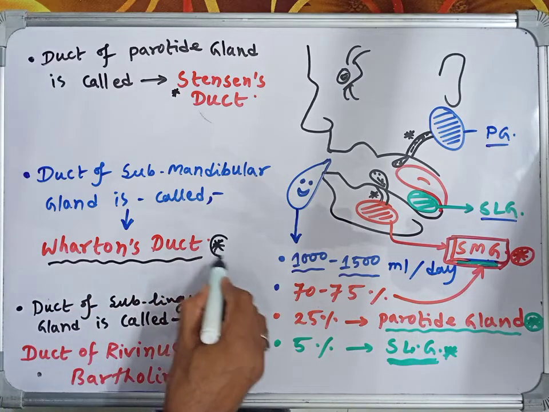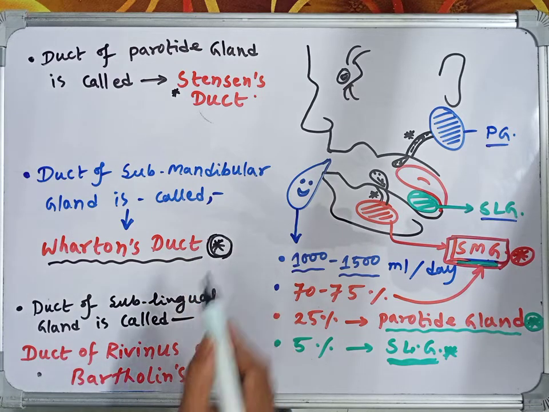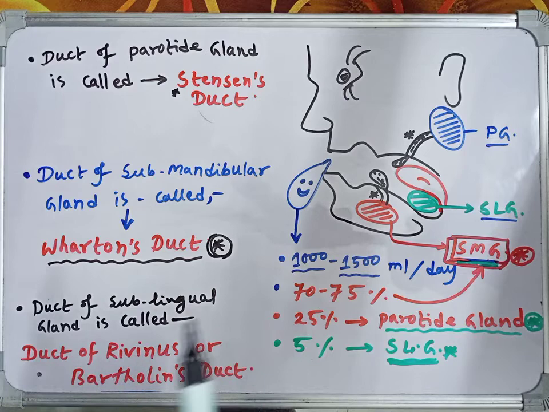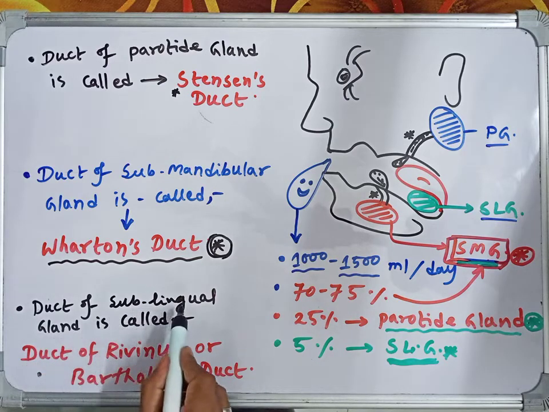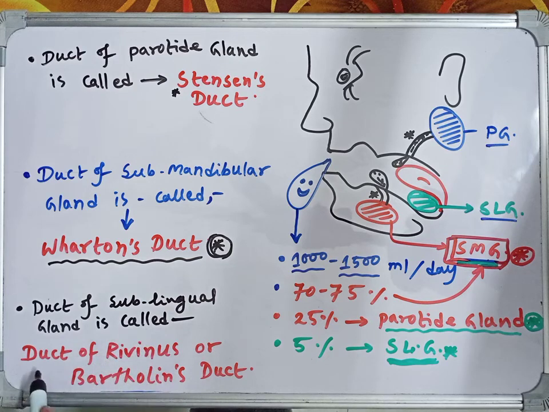It is also a very popular MCQ for your competitive exam, right? And the last one, the duct of the sublingual gland, is actually called the duct of Rivinus or Bartholin's duct, right?